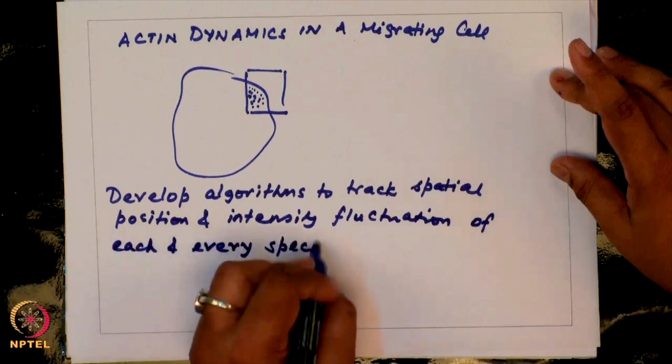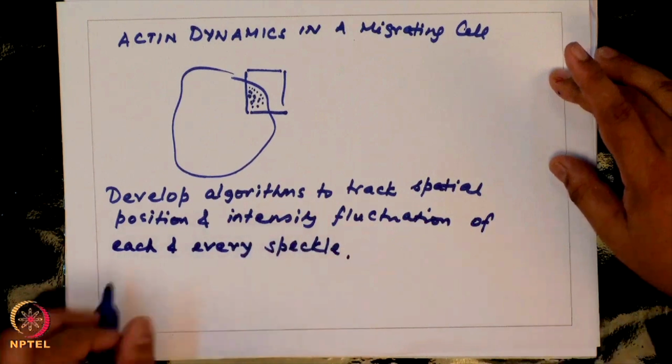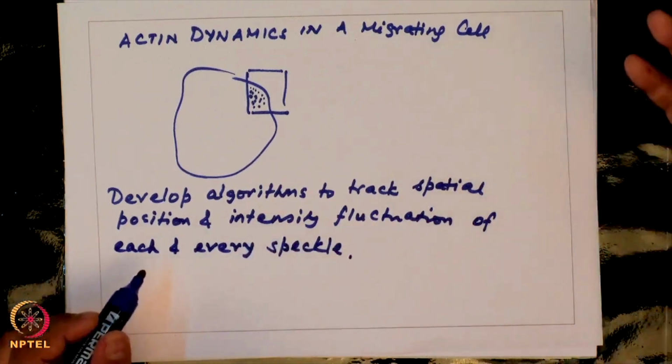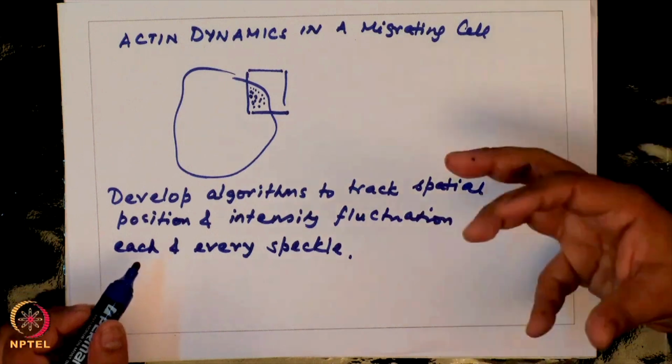So, this is no mean task. There are authors; Gaudenz Danuser is a mathematician who has significantly contributed to the development of fluorescent speckle microscopy.